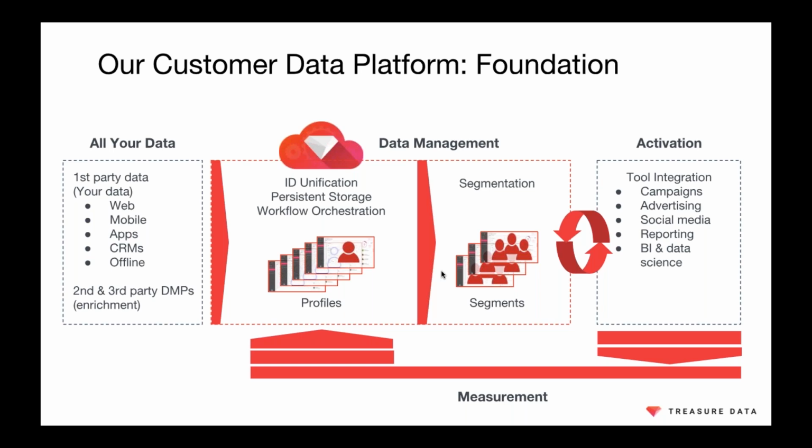Then use our powerful data management functionality to organize your data into customer profiles, which like I mentioned, can then be segmented based on their attributes and behaviors. And then finally, Treasure Data allows you to take action on the data you've collected. That can be personalizing marketing campaigns, targeted advertising, social media, reporting, BI, data science.